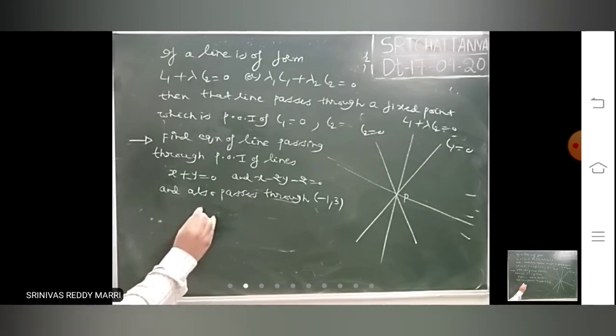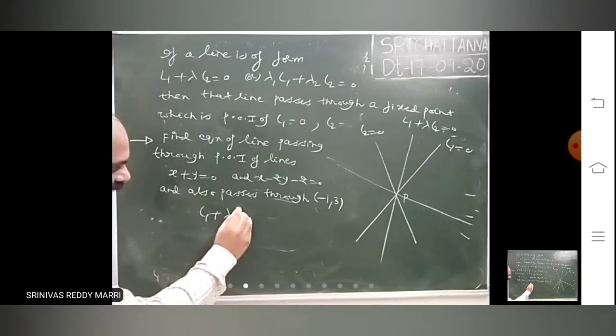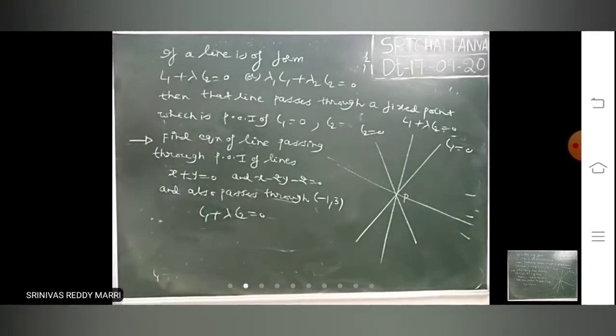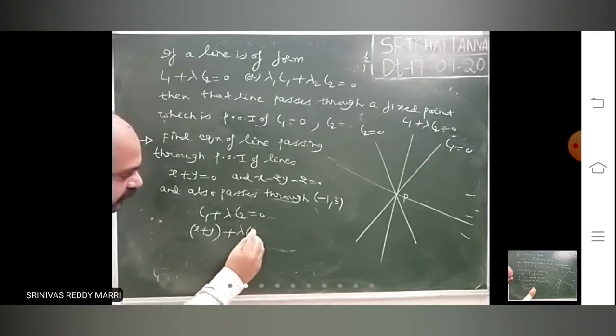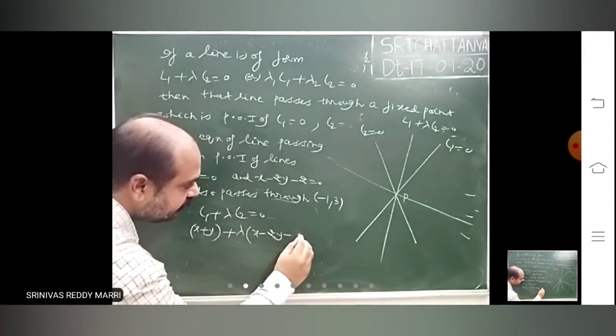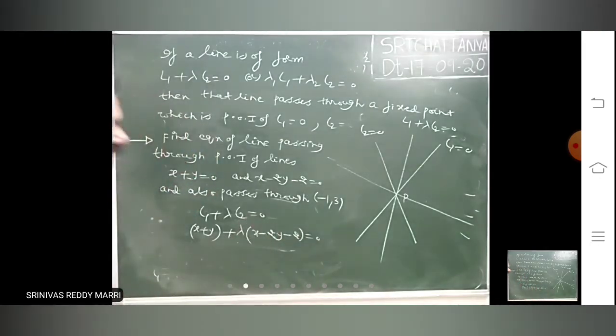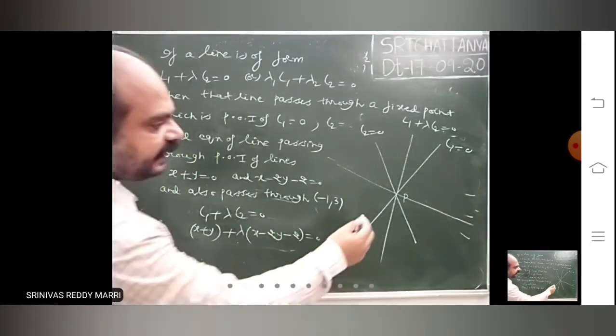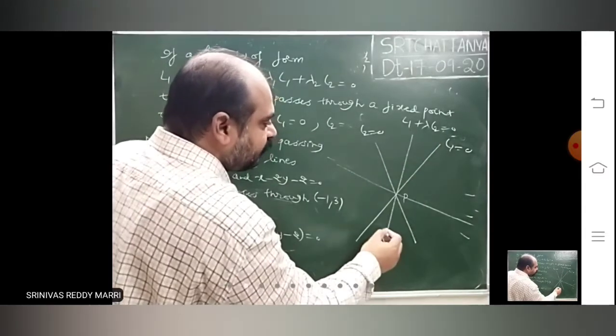Any line passing through the point of intersection of this and this will be of the form x plus y plus lambda into x minus 2y minus 2 equal to 0. Any line passing through P will be in this form.